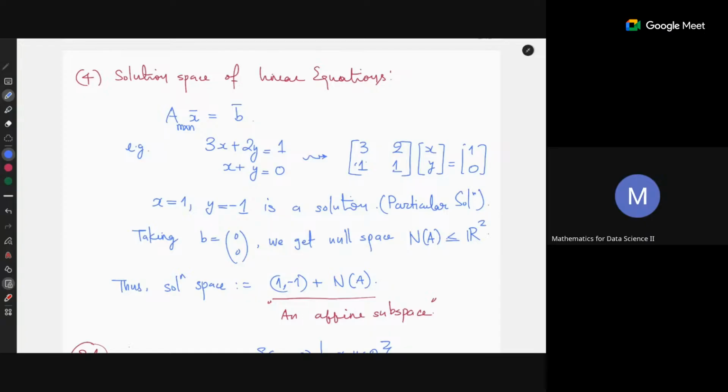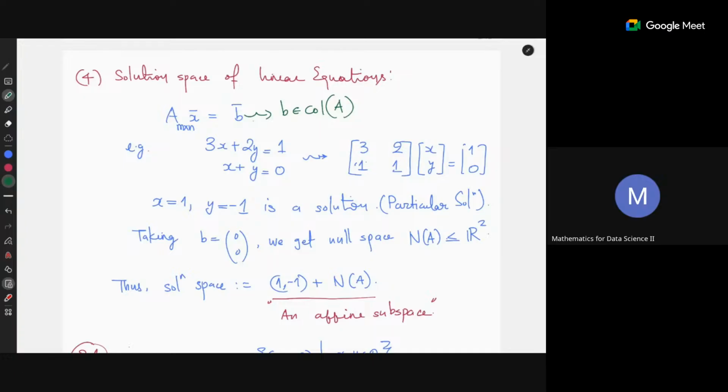Because if you think of this column vector b, it lies in the column space of A. You have seen this: b lies in the column space of A, because the linear combination is given by the variables x1 up to xn.